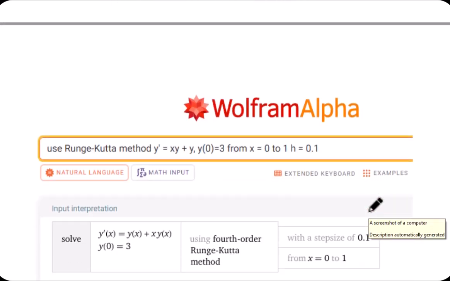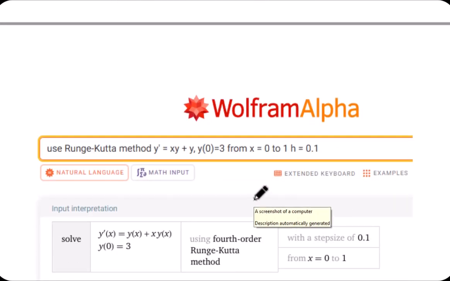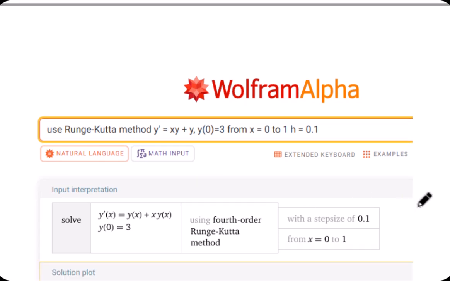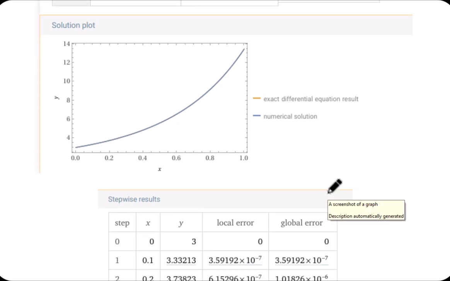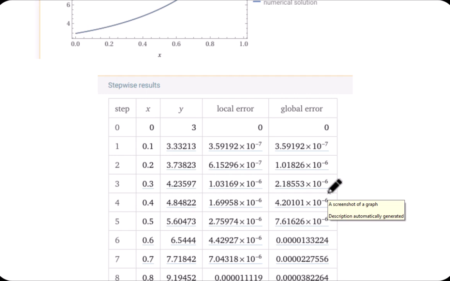And then finally, with the Runge-Kutta method, it's a fourth order Runge-Kutta. Similarly, you look at the graph of the exact and the numerical, at least over the interval 0, 1, and it's pretty good. Let's look at the error.